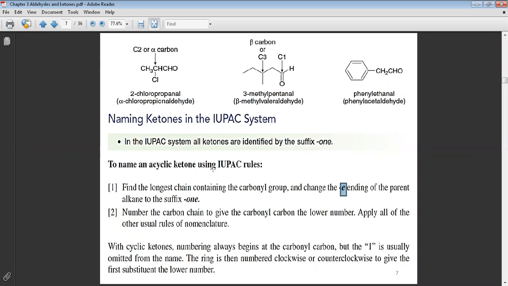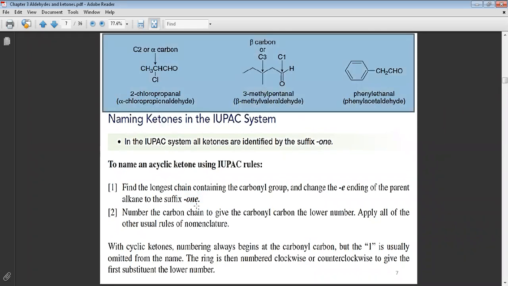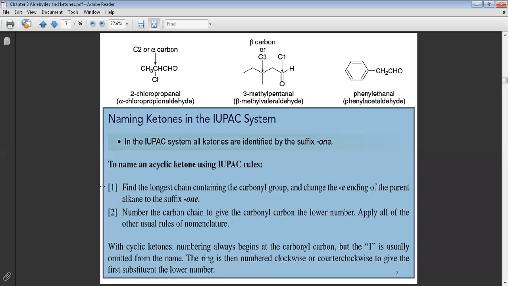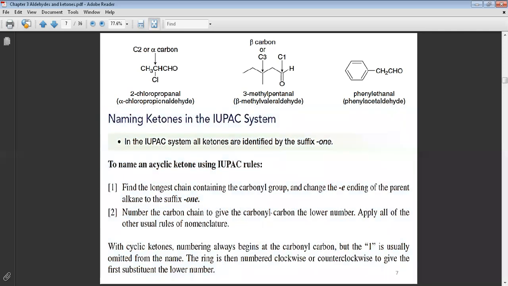If you look at the last part of the name, one, that means it is a ketone. And number the carbon chain to give the carbonyl carbon the lower number. That means the carbonyl functional group takes the lower number. Apply all other rules for the IUPAC system.